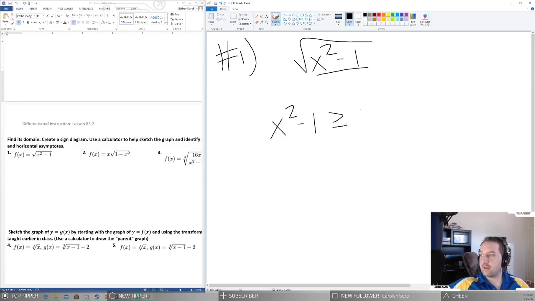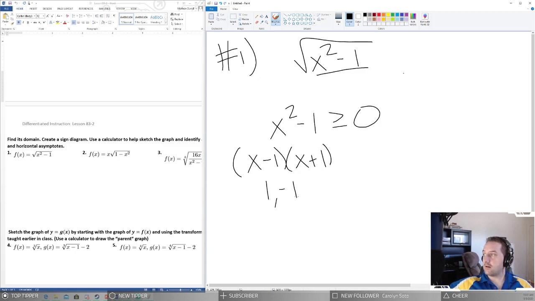So we say that the x squared minus 1 has to be greater than or equal to 0. Now that's a quadratic inequality. We know how to solve quadratic inequalities. We just need to find the zeros. So that's 1 and negative 1. You put that on a number line.